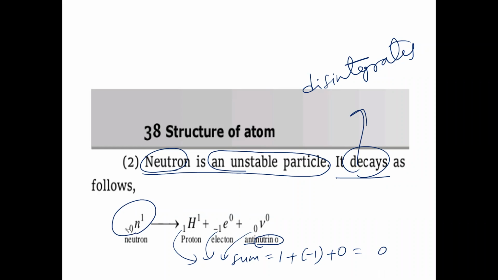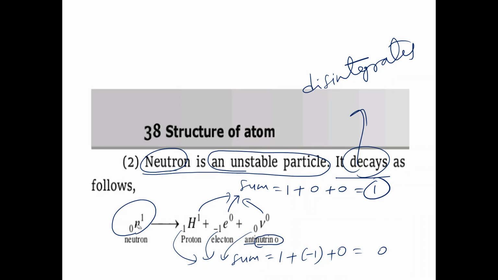The overall atomic number is 0. Now take the sum of the mass numbers: 1 plus 0 plus 0, equal to 1. That's why the overall mass of the neutron is 1, and the overall charge of the neutron is 0.